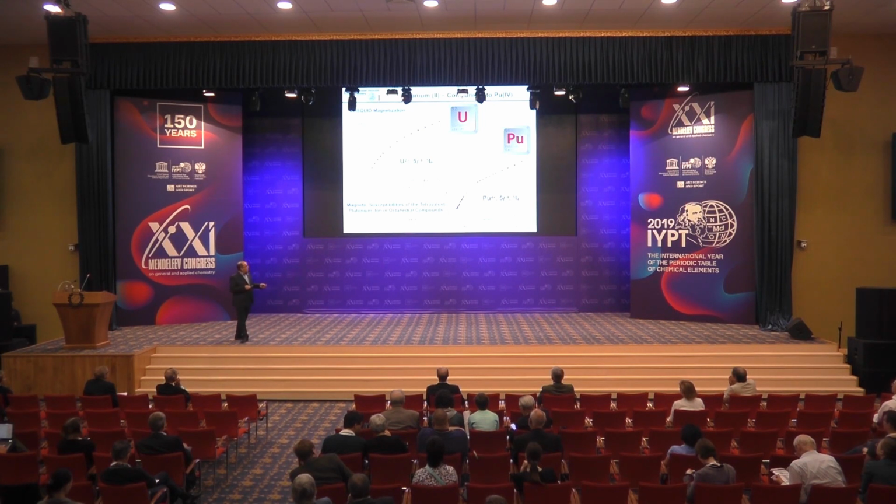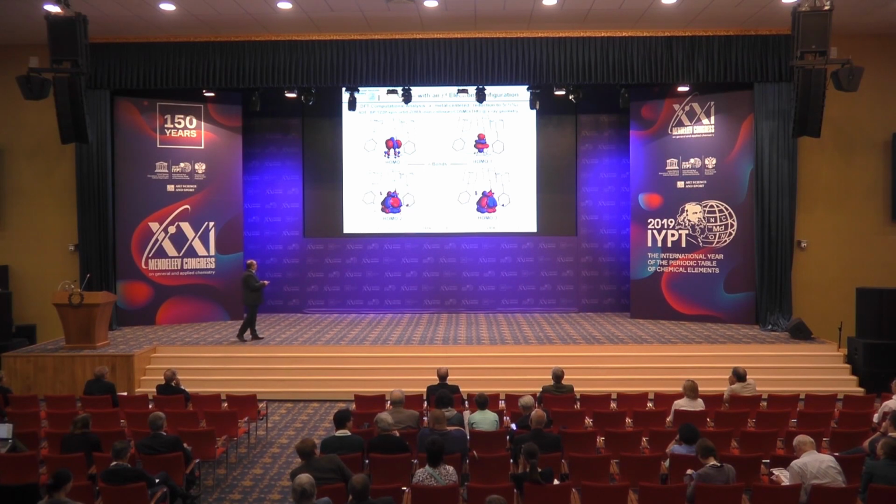Computation also shows that we have these two HOMO-1 and HOMO-3 orbitals occupied. They have delta symmetry, and then we have two more metal-centered orbitals occupied with the two remaining electrons.